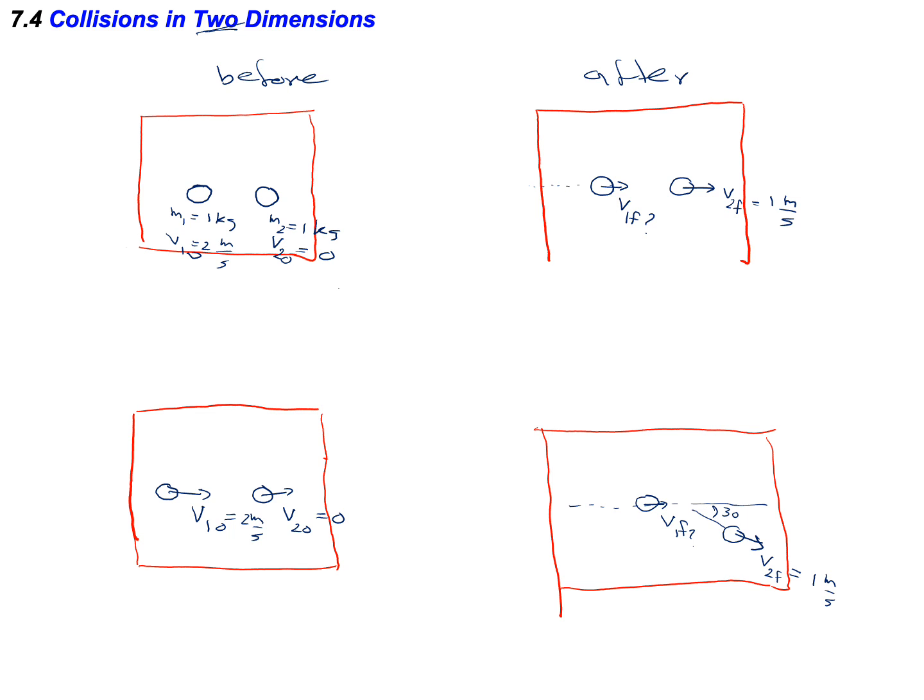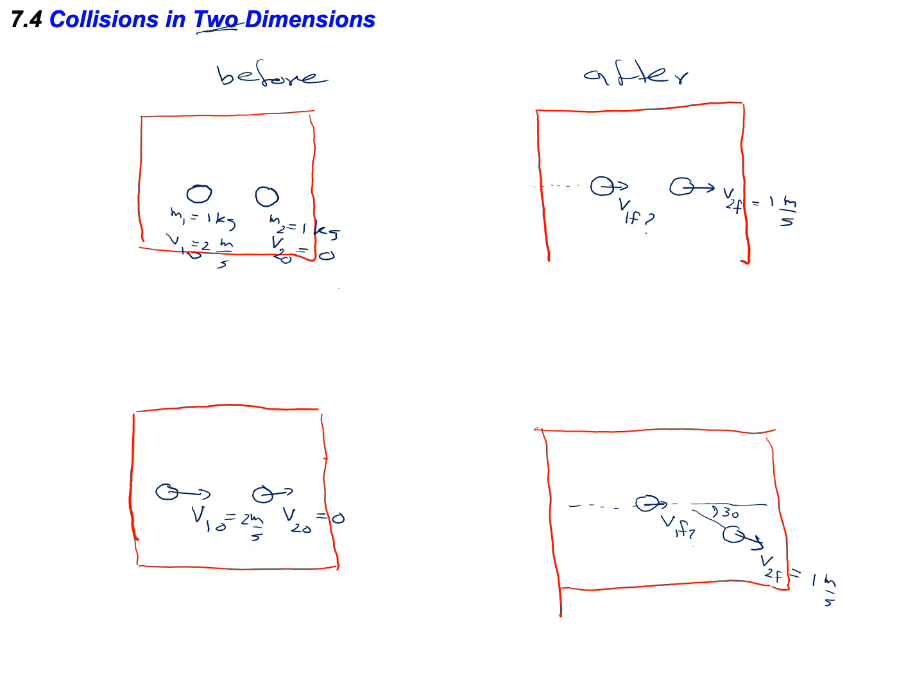The second ball is at rest, so its initial speed V2 is 0, and let's say V1 has a velocity of 2 meters per second. After the collision, V2 has a speed of, let's say, 1 meter per second. The question is, what is the speed of the first ball after the collision?